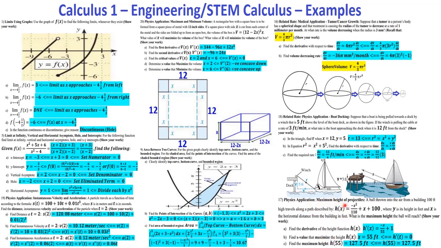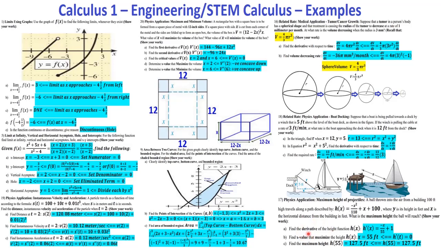Maximum height of a projectile. The height of the projectile is given as y equals minus x squared over 110 plus x plus 100, where y is the height and x is the horizontal distance. Find the maximum height of this projectile.